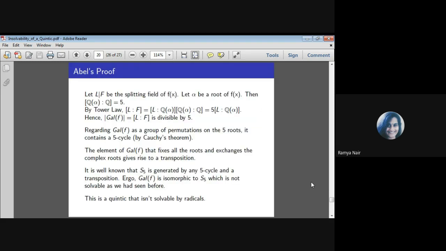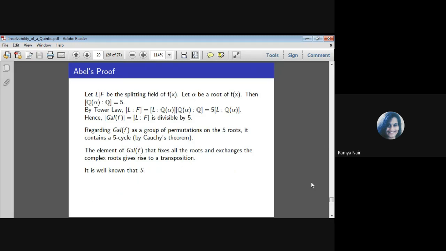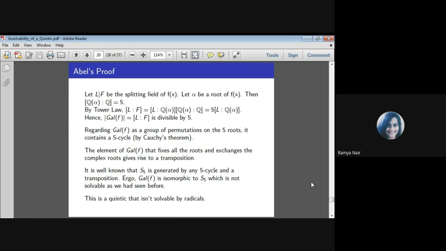So we look at the splitting field of that polynomial. We don't know what it is, but there exists a splitting field, and we look at that. Let alpha be a root of that polynomial. Then the dimension of Q(alpha) over Q is 5.